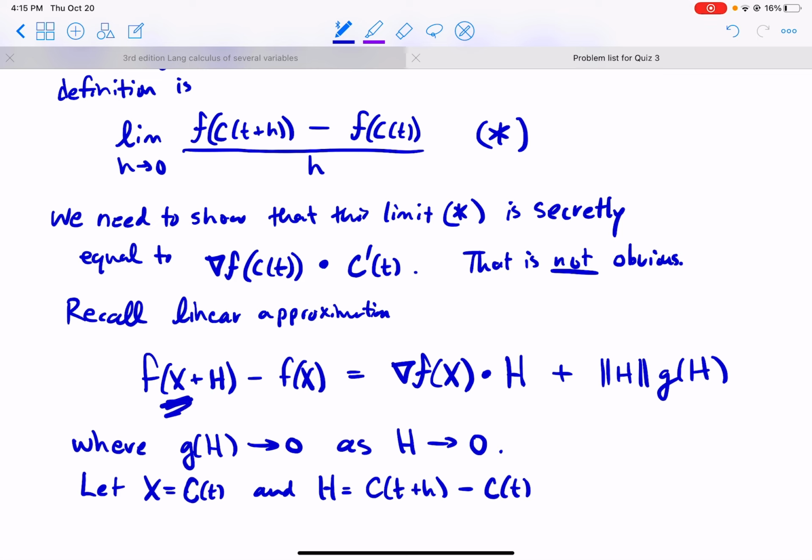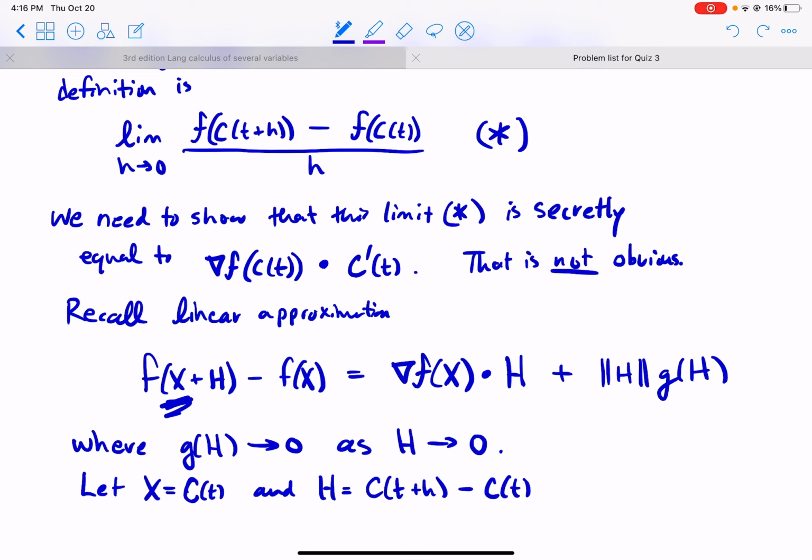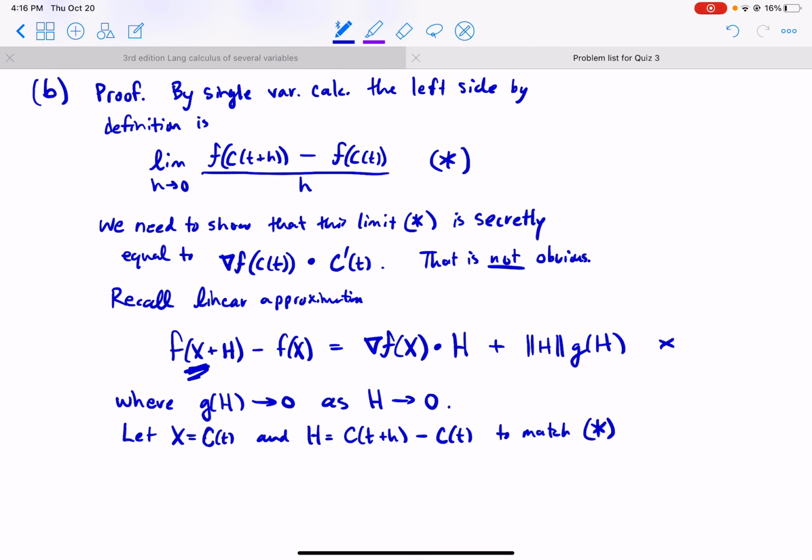Why? So that x, which is c of t, will cancel with the minus c of t, leaving c of t plus h, which is exactly what we have up there. So this is to match star. Let's even give this a name, double star. Match star and double star.